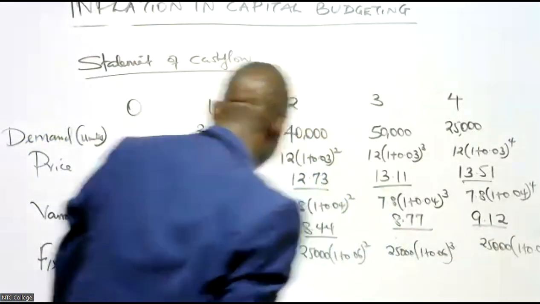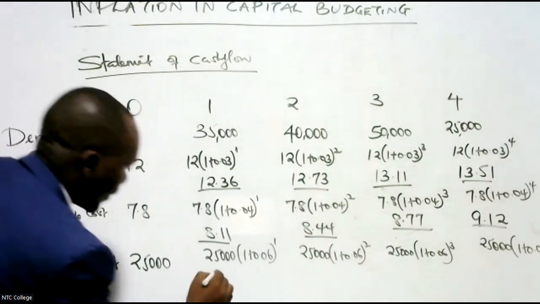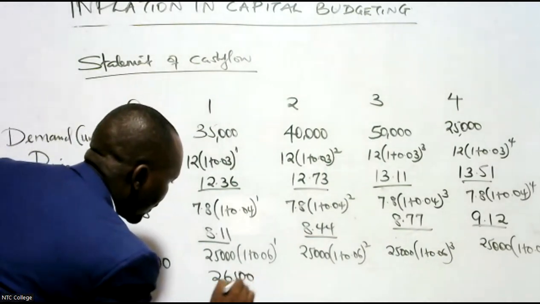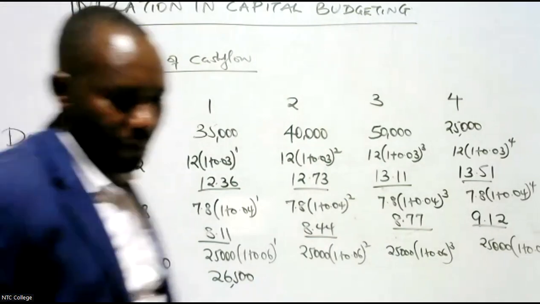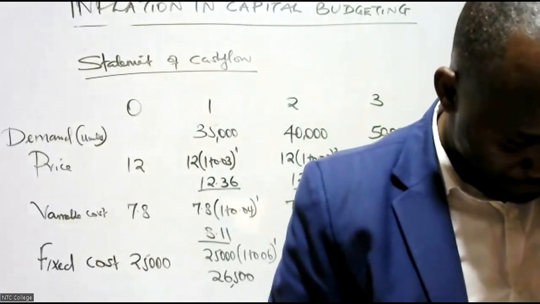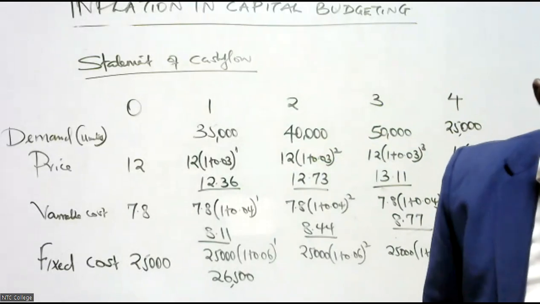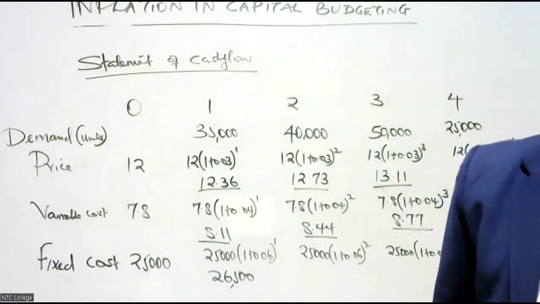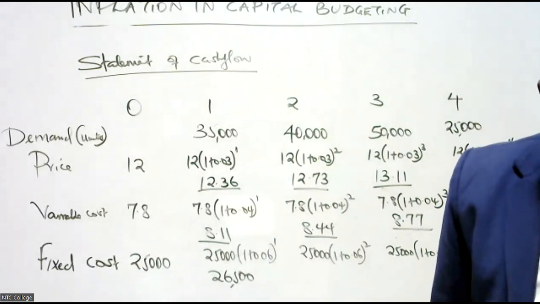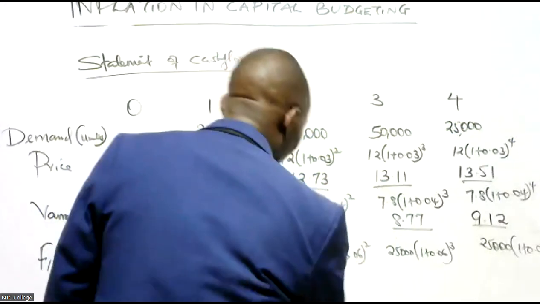What are you getting? The first year, 26,500. So we are getting here 26,500. And the second year, that is 0.90.